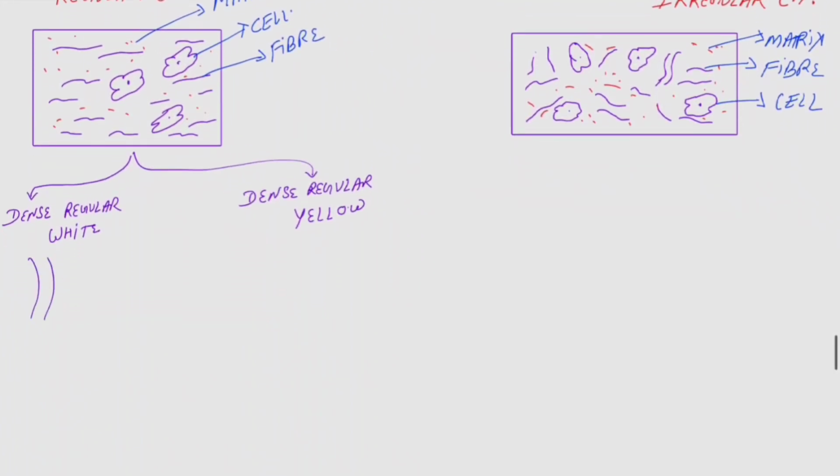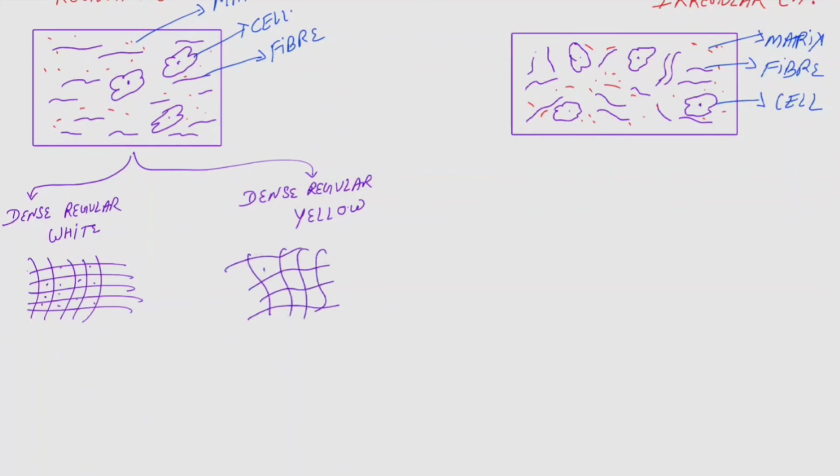Dense regular white, like this. And dense regular yellow, like this.